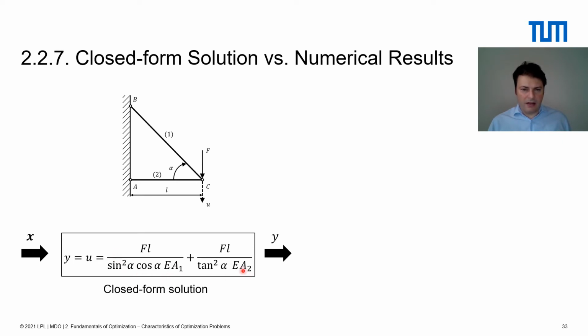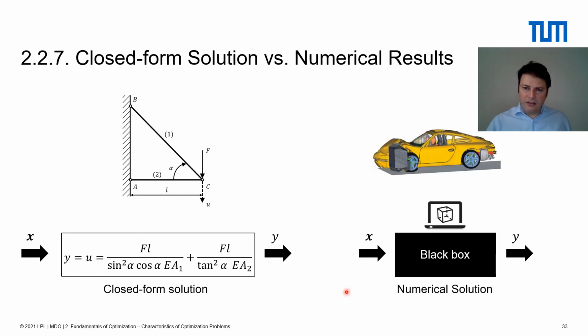You can write it down like this and also study the behavior of quantities of interest upon changes of their design variables. For most realistic design problems or optimization problems, you do not have this available, but instead you have a kind of a black box solver, typically finite element code or a CFD simulation or something else that would provide the mapping from design variables to quantities of interest.